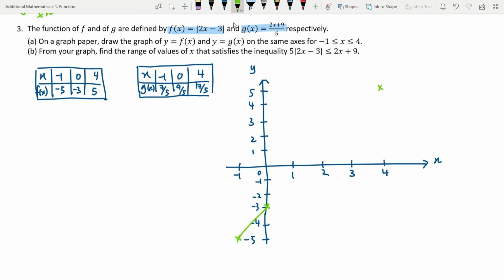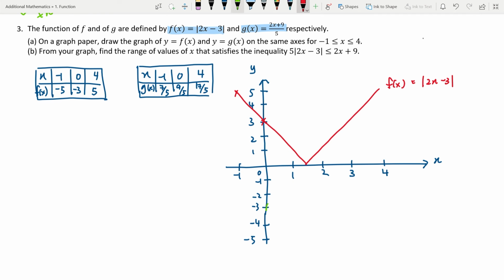This is the graph of f(x) without a modulus. For all the negative value, we have to flip it up. -1, we should have a 5, and we should have a 3 as our y-intercept. So I'm going to erase the green one. So this is f(x) equal to modulus 2x minus 3.